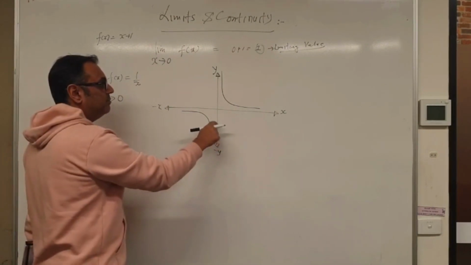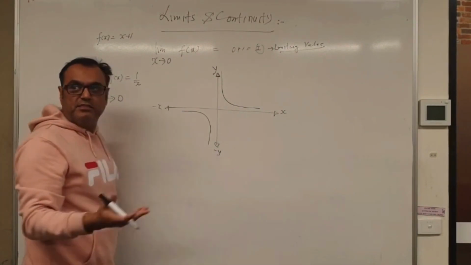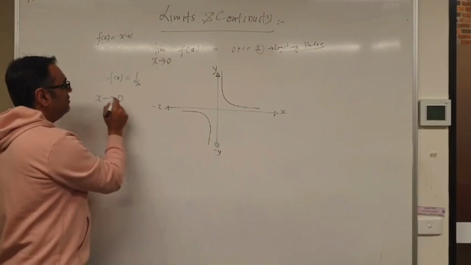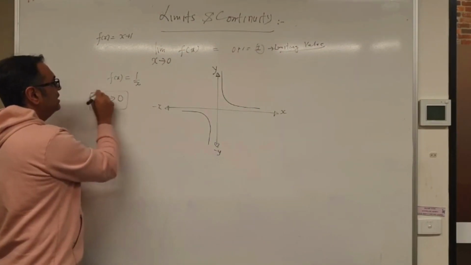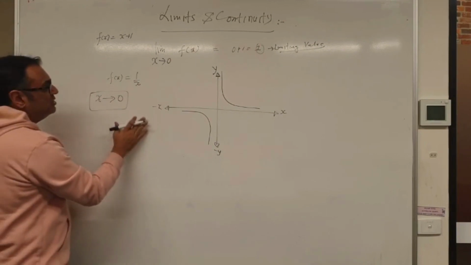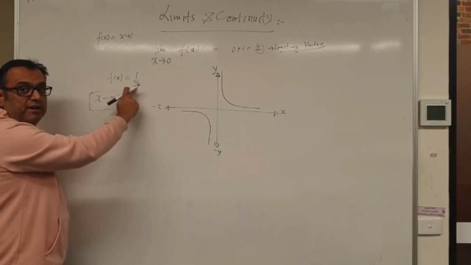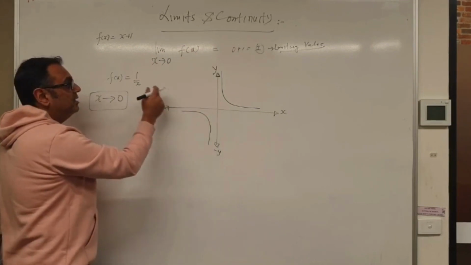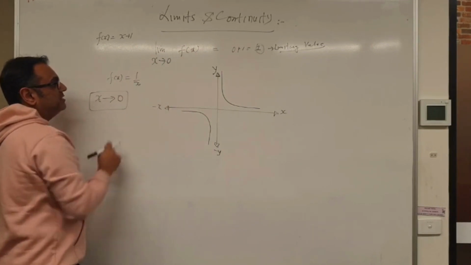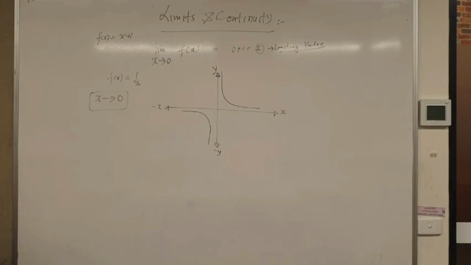You are here on this line, because on this line your x is 0. So tell me, if your x is approaching 0, obviously it can't be 0 because this function is not defined, because they're asymptotes. What will be f of x? Think about it. This is just a bit of brainstorming.